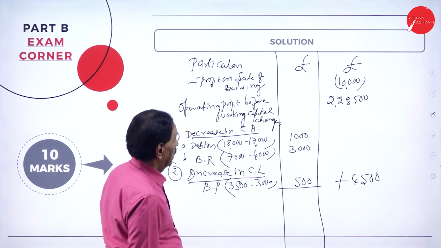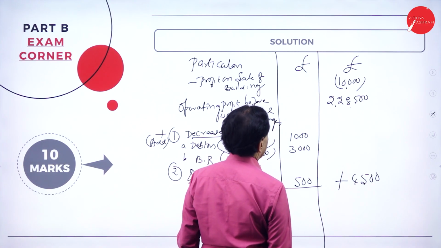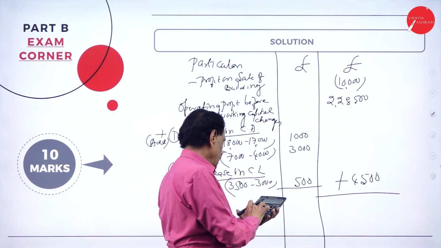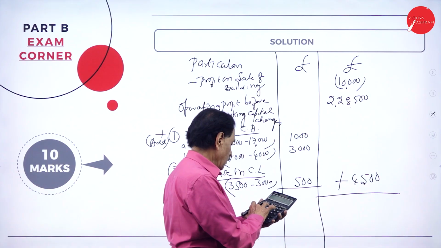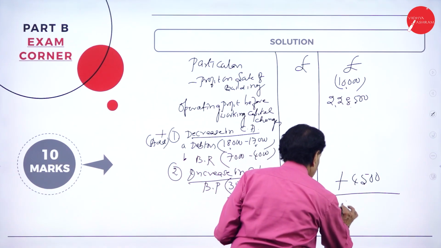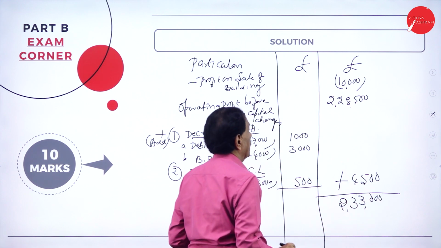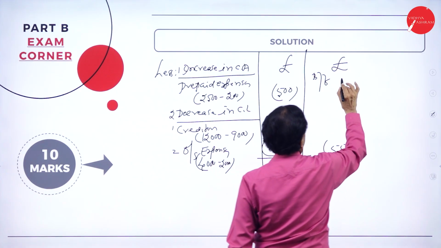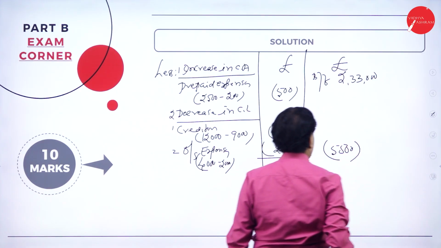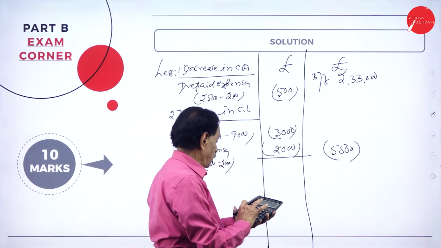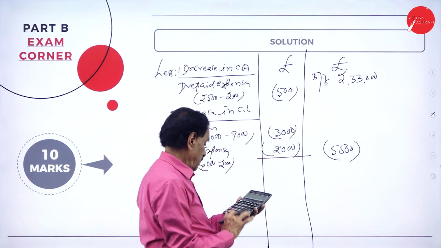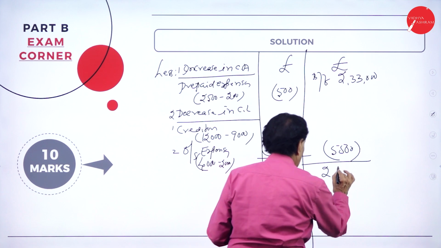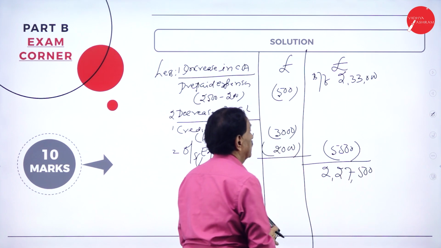Now, 2,28,500 plus 4,500, 2,33,000, minus 5,500, 2,27,500.